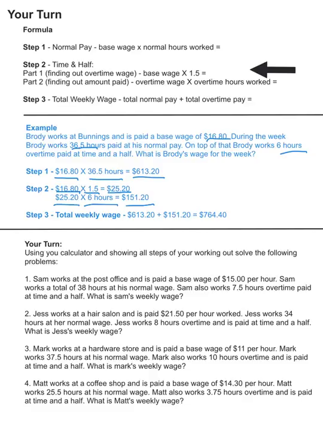Now, to work out the total weekly wage that Brody has earned, I want to draw your attention back up to here, up to step 3. So what we need to do is add together the total normal pay and the total overtime pay. So from step 1, we know that Brody earns $613.20 at his normal base wage.